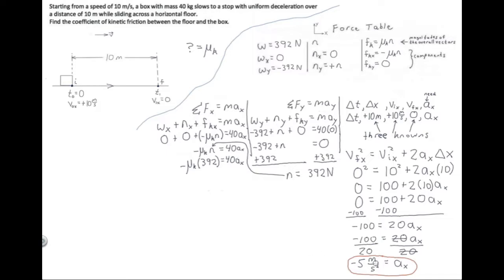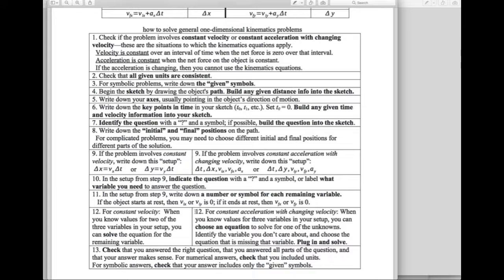Now, of course, at this point in your solution, you should pause to ask yourself whether it makes sense that a sub x came out to be negative. But I'm going to save my discussion of that issue till later in this video, just to avoid breaking up the flow of our solution. So now we've completed this step from our systematic kinematics method.